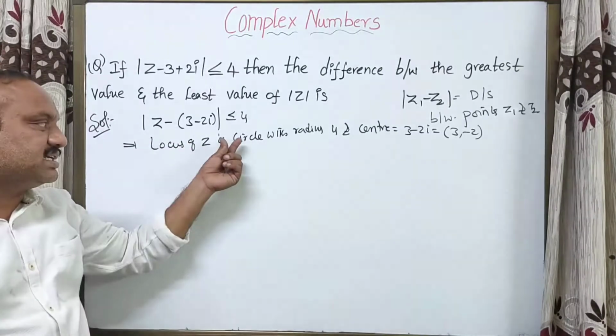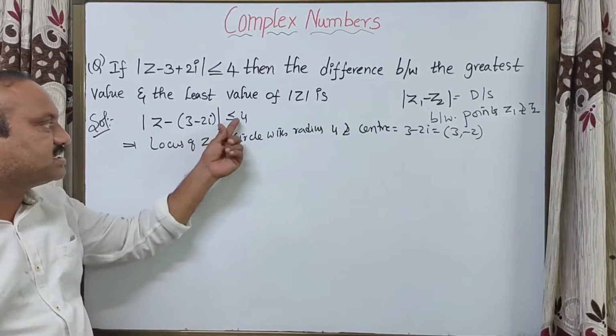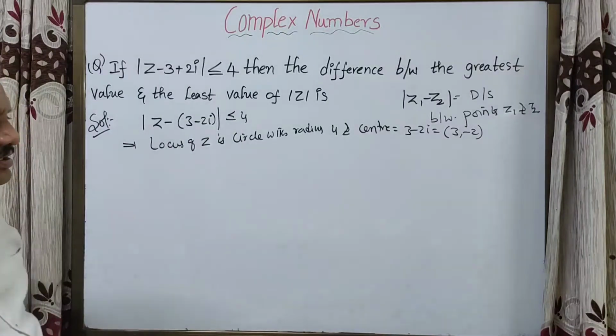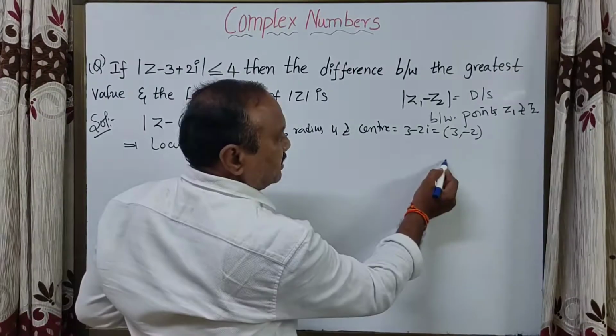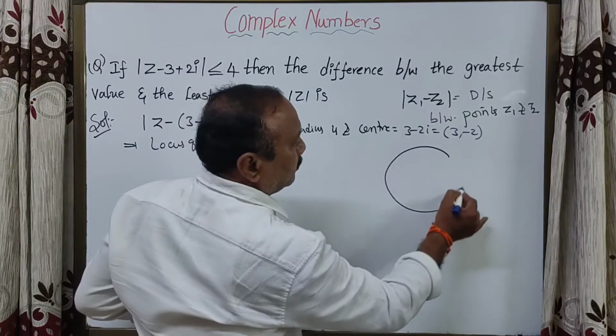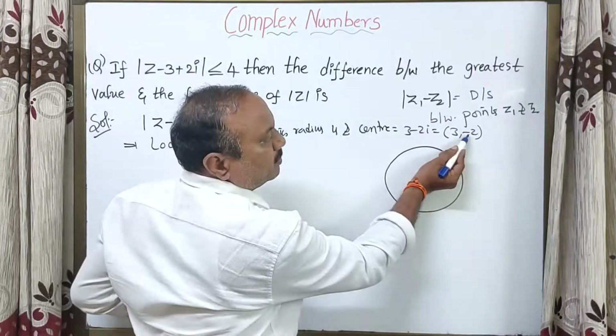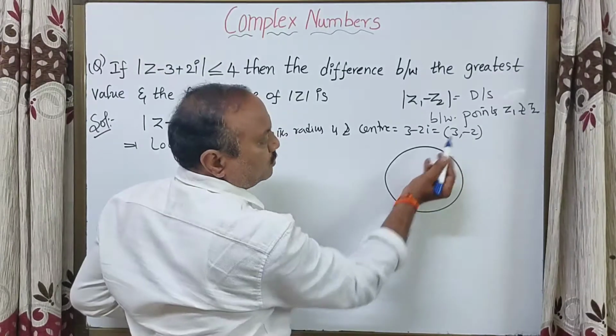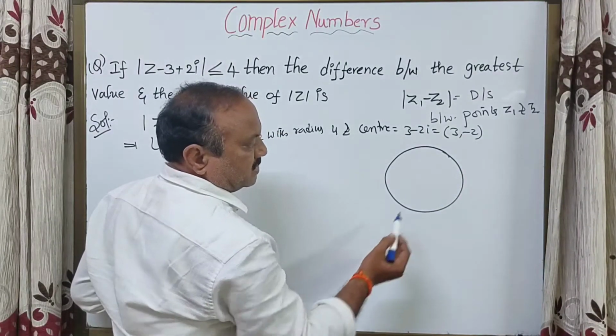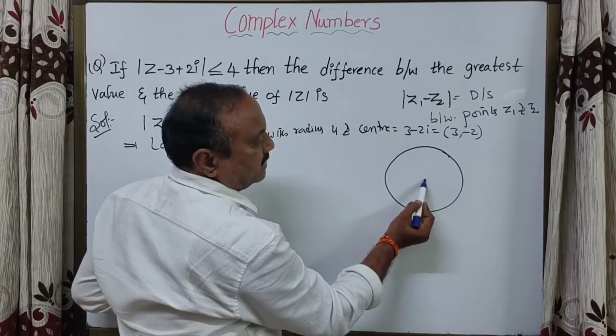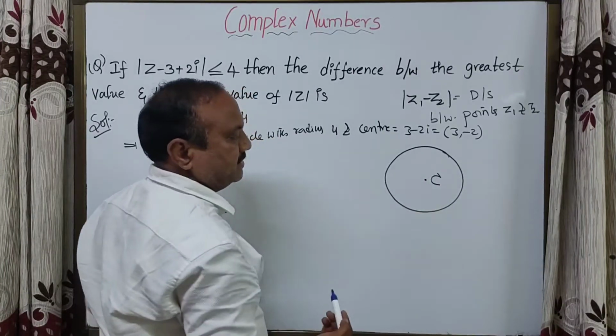Locus of z is a circle, that means z lies on the circle, or it may be inside the circle. So let us draw a circle. Center is 3 comma minus 2. Generally 3 comma minus 2 lies in the 4th quadrant. So represent the center here as C.